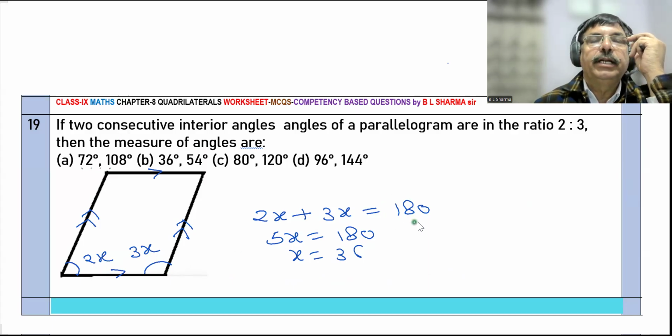Their sum is 180 degrees, the reason being that the sum of two consecutive interior angles of a parallelogram is 180 degrees. So 2x plus 3x, 5x is equal to 180 degrees. x is equal to 180 upon 5, that is 36 degrees. This angle will be 36 into 2, that is 72 degrees. This angle is 3 into 36, that is 108 degrees. So we can say that A is the correct option.